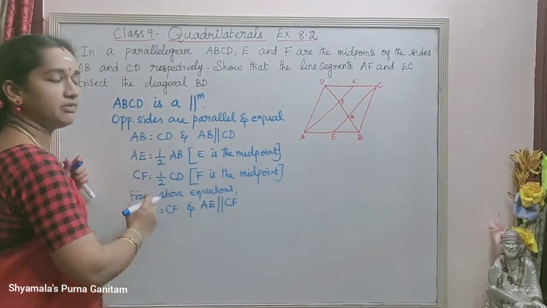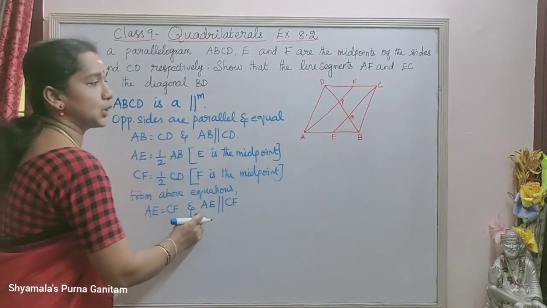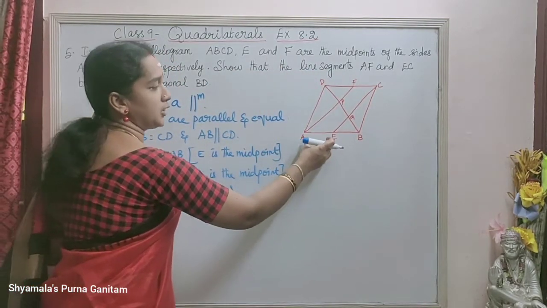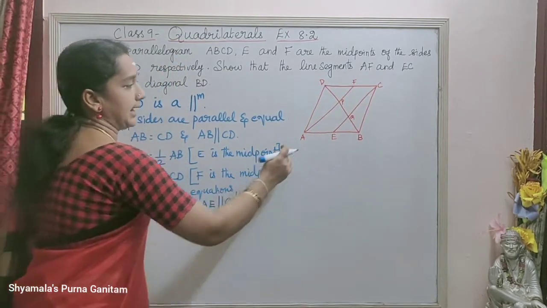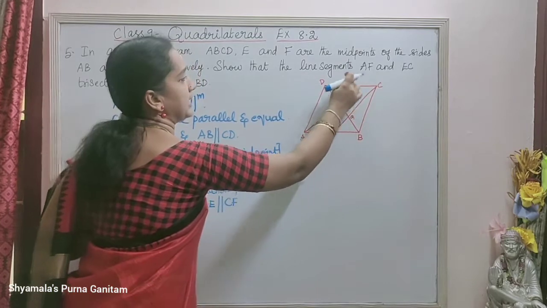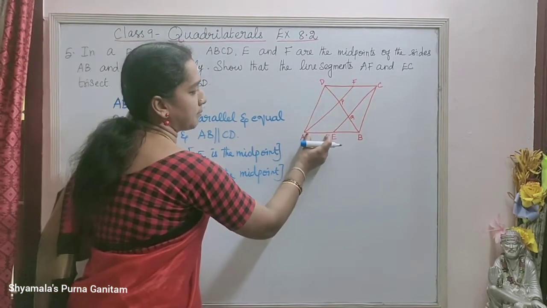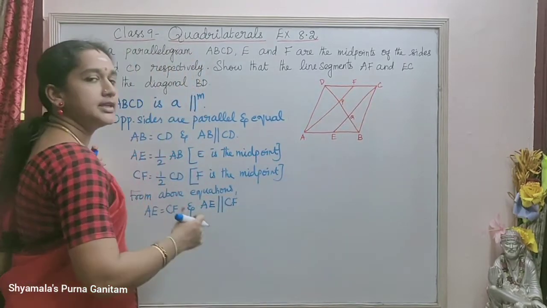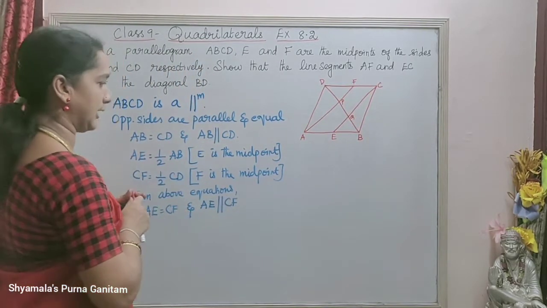So one pair of opposite sides are parallel and equal. So we can say that AECF is a parallelogram.